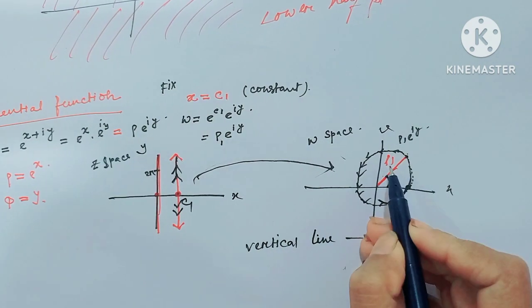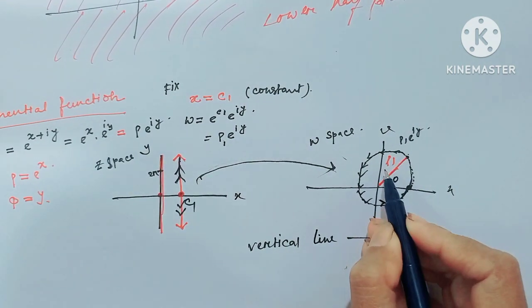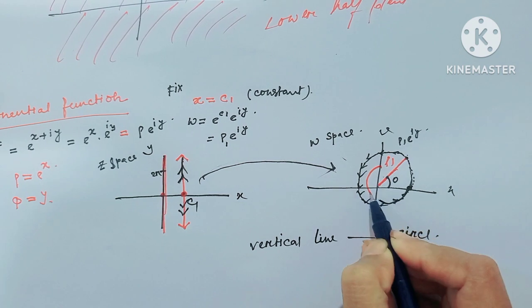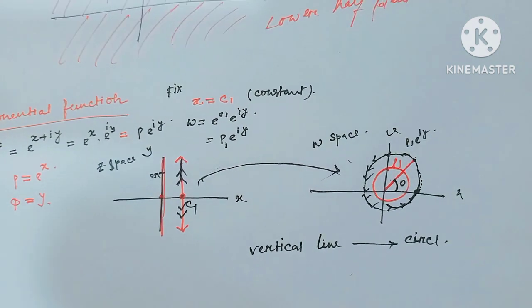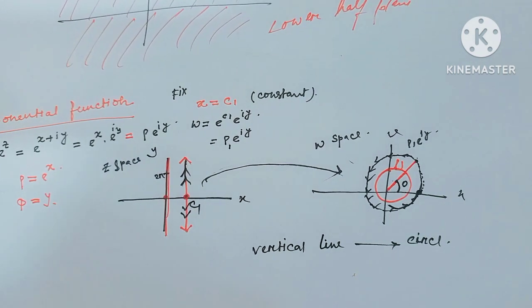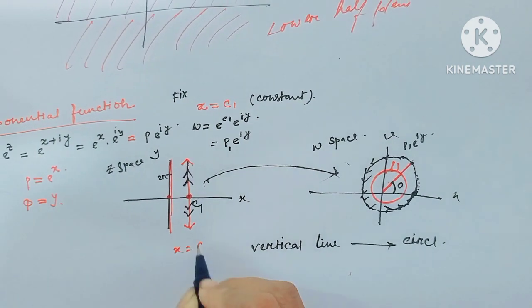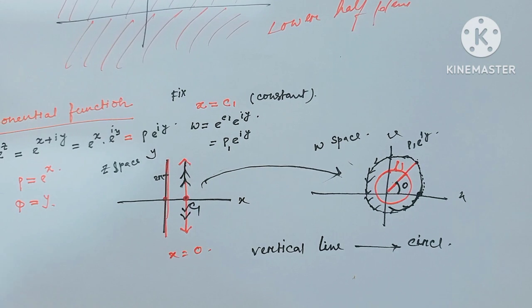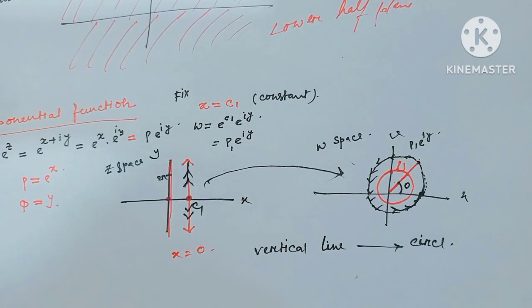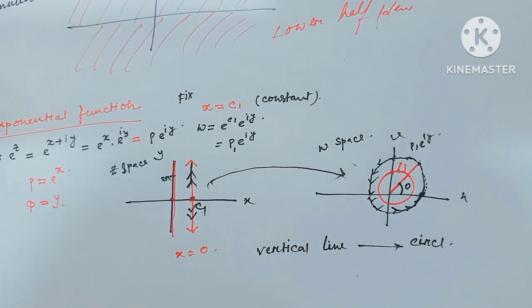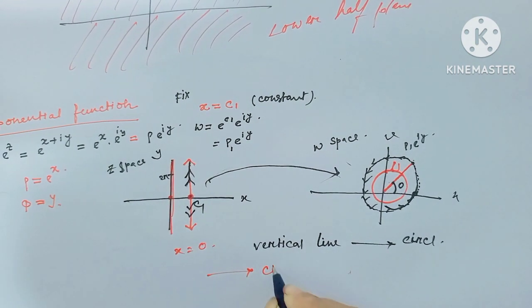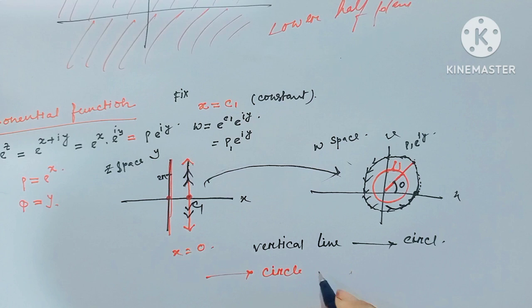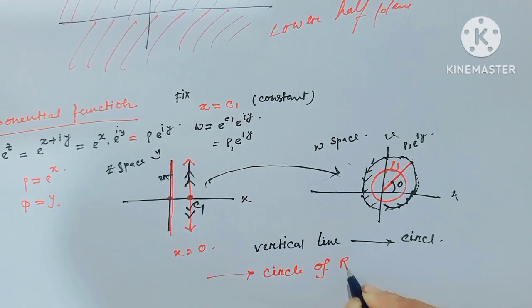So this is the circle of radius 1. That means when x equal to 0, only the y axis, it maps to the circle of radius 1.